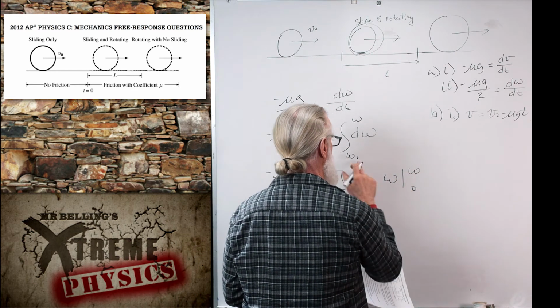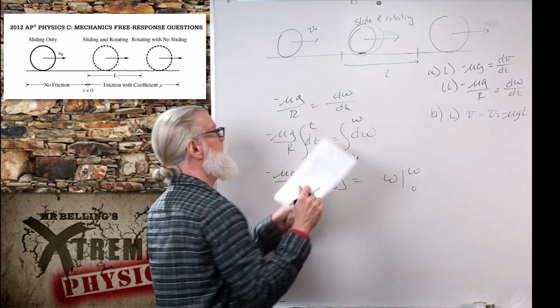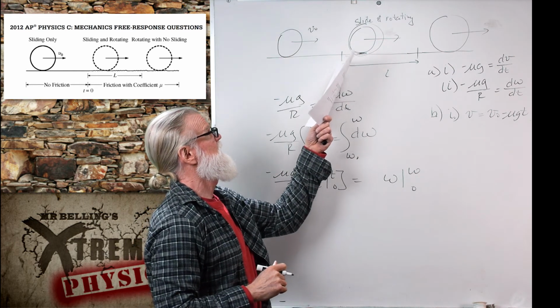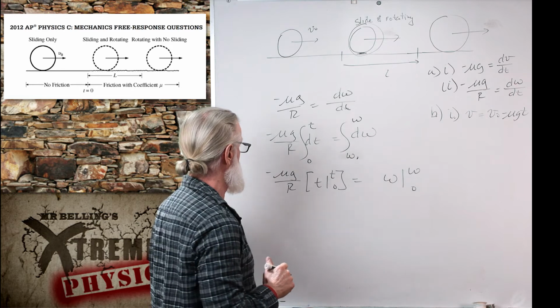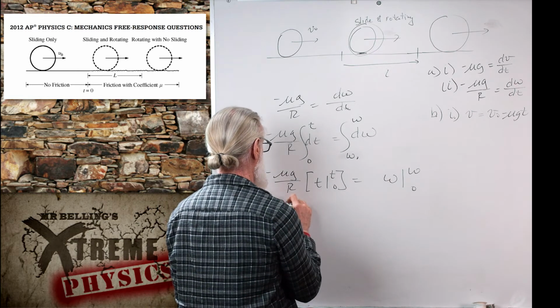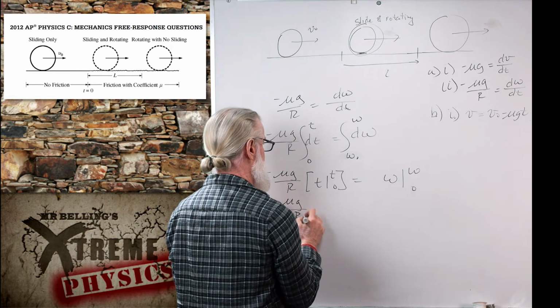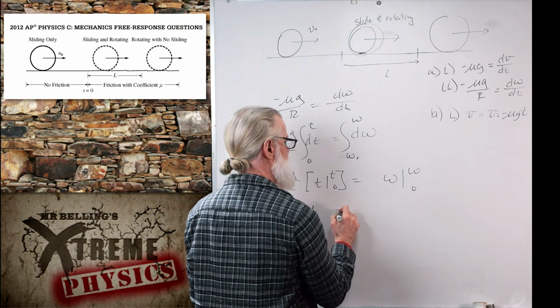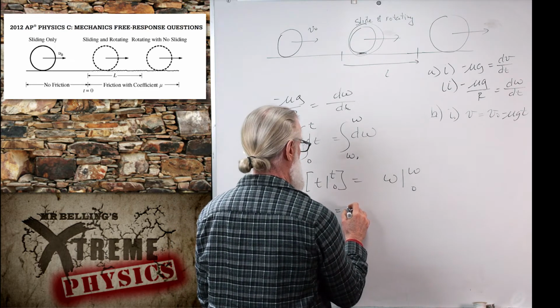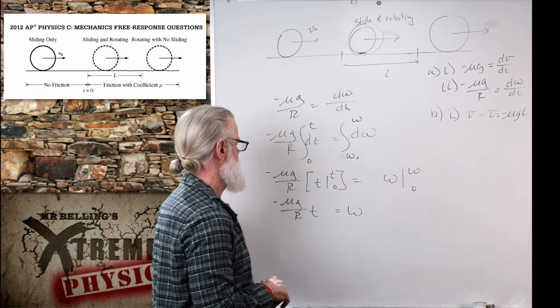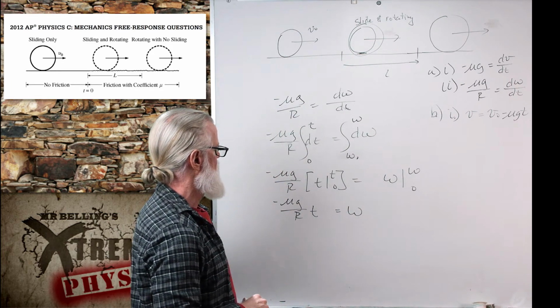Omega 0 is 0. It's not rotating at first, right? It's just sliding at this point. So minus mu g over r t equals omega. All right, there we go.